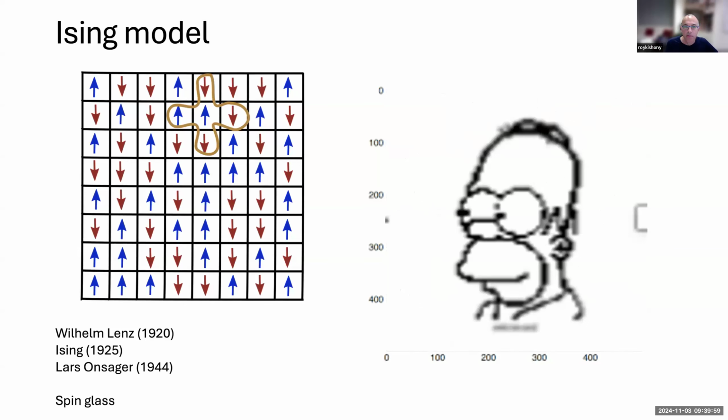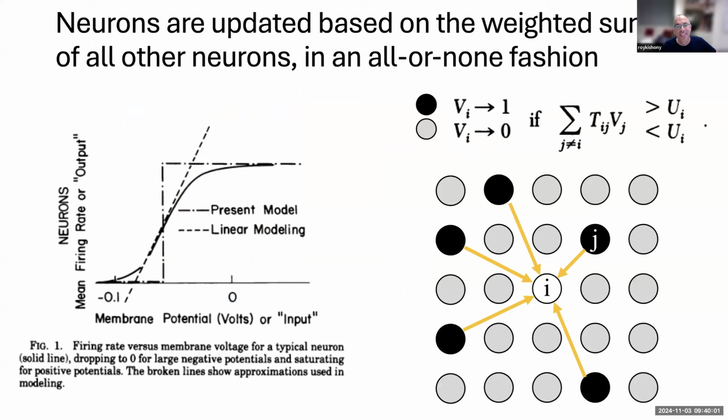And the idea, in a way, is now very simple. This is the first figure from the paper, inspired by a neuron that has an action potential, a firing rate and a threshold. It says, let's approximate that by a simple square function.